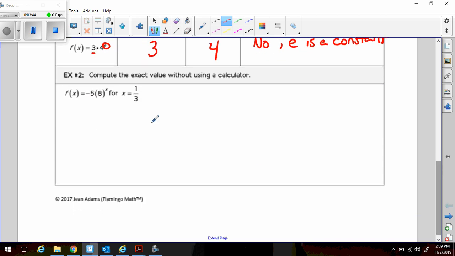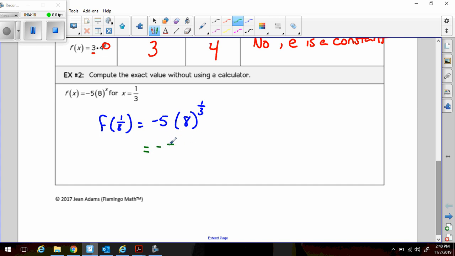All right, compute the exact value. It says without using a calculator. So what this is asking us is to substitute in x as 1/3. What this means is we're going to have f at 1/3 is negative 5 times 8 to the 1/3. Anytime we have a fraction, that means it's like a root.